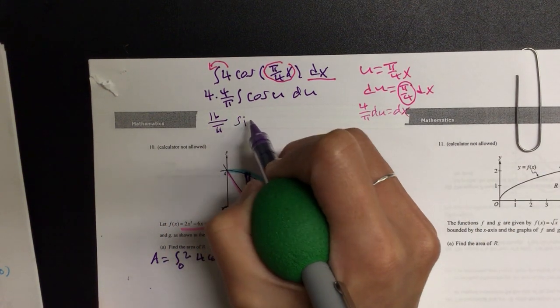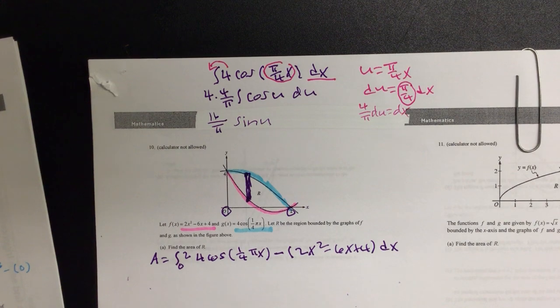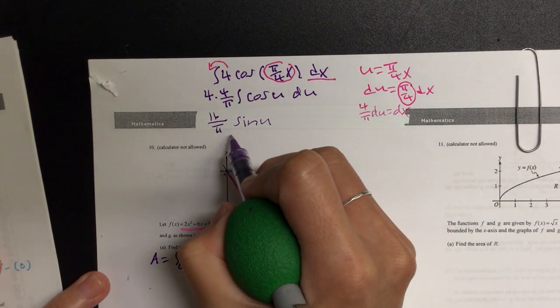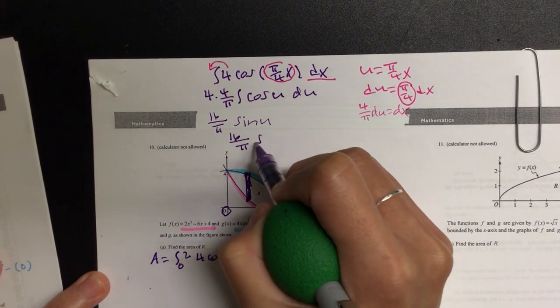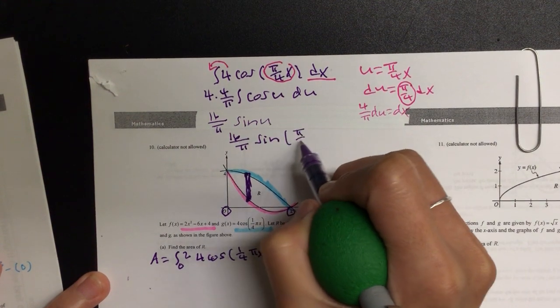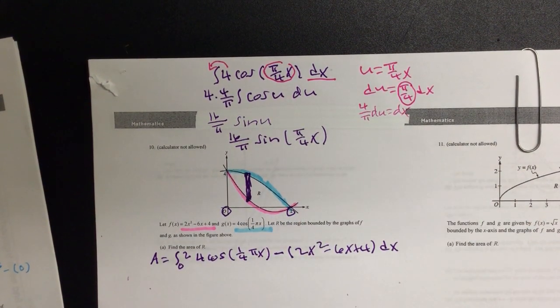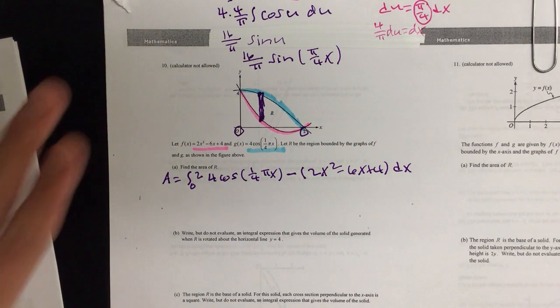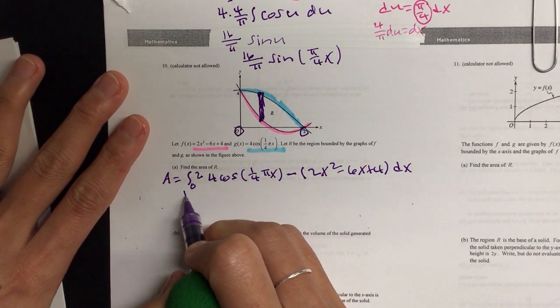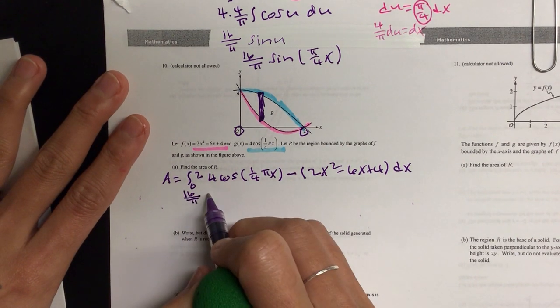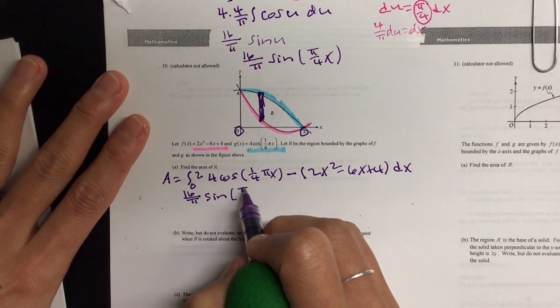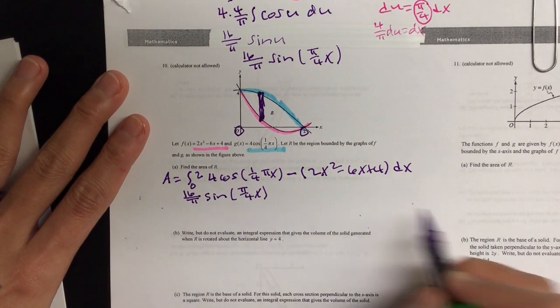So we have sine of u. And of course, we're going to plug that back in. So we have 16 over pi sine of pi over 4 x. Let's fill that in on the bottom here. We got 16 over pi sine of pi over 4 x.